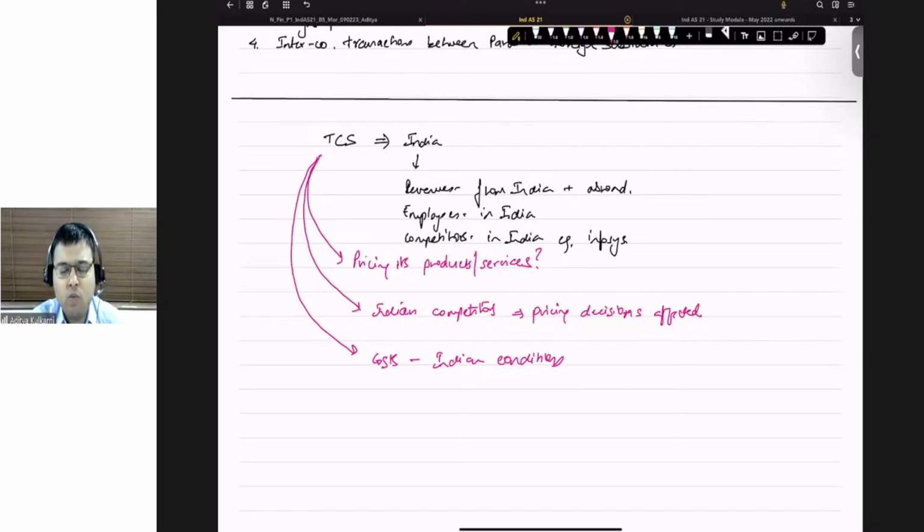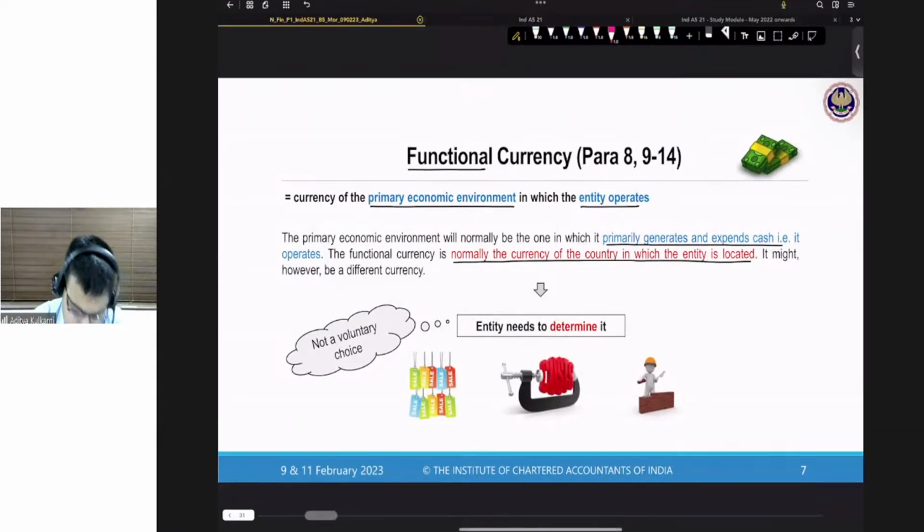And therefore, we can say that India is the operational country and the functional currency of TCS is the Indian rupee, INR. Anything apart from INR will become a foreign currency. So let us look at what is the thing.